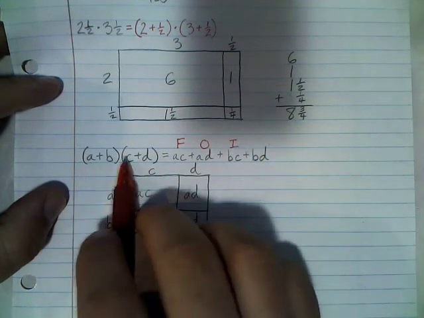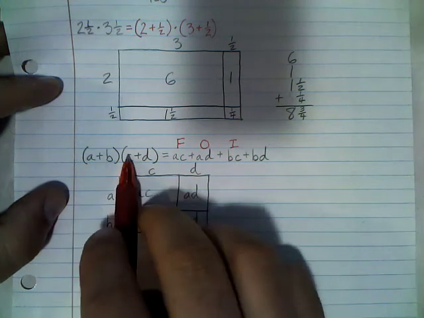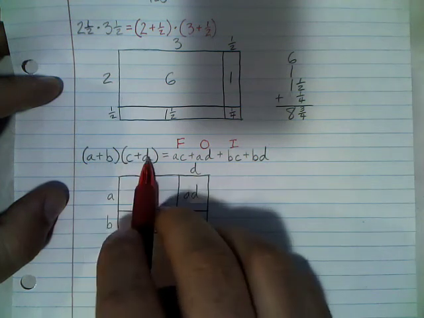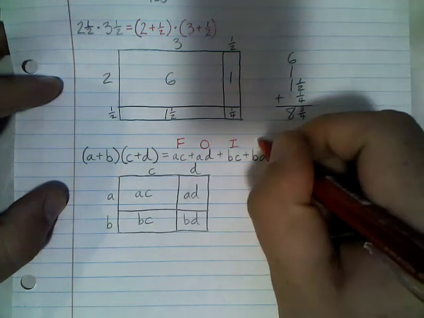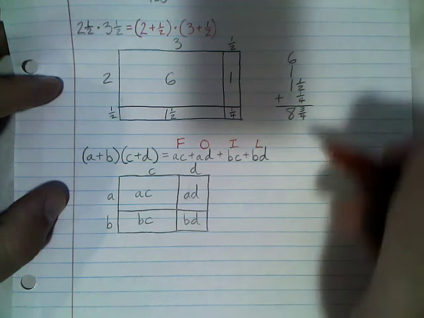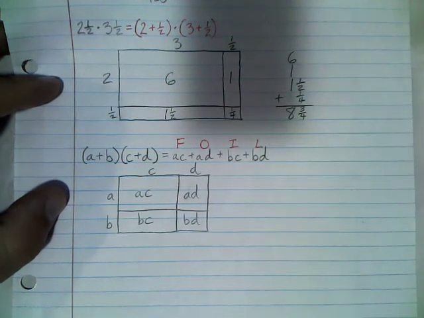So just like A and C are the first term in each binomial, B and D are the last terms in each binomial. And so, ladies and gentlemen, what we discovered here is a little acronym we use for multiplying binomials.